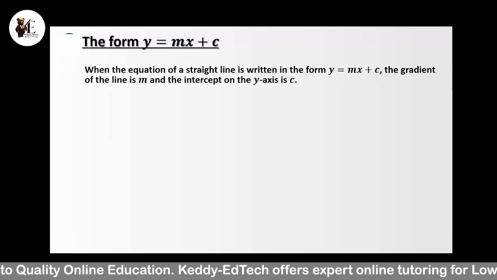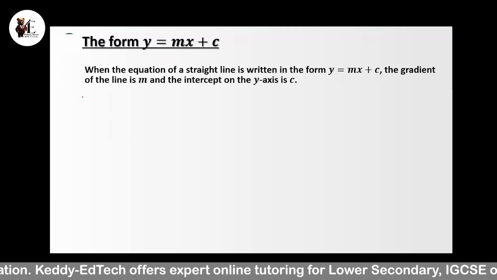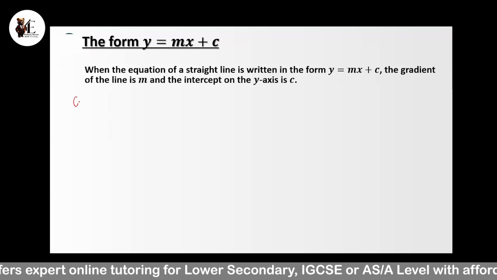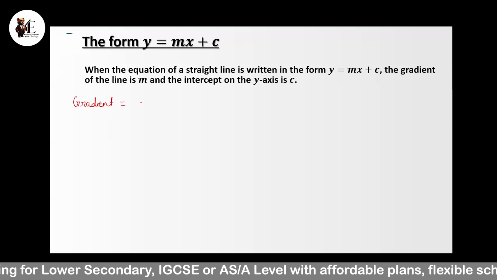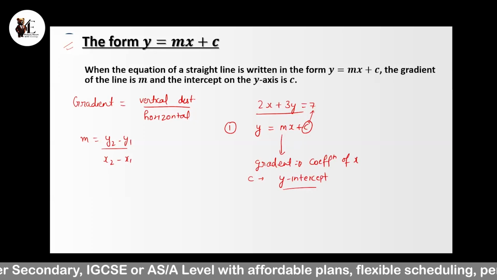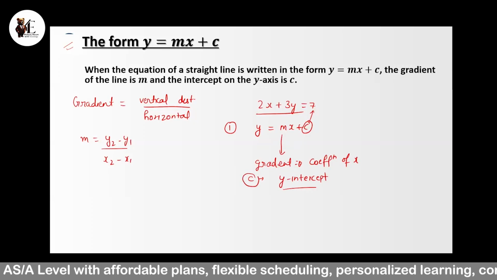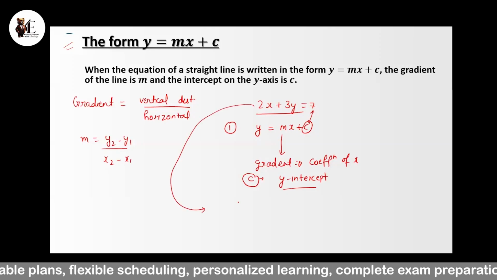So we have covered two formulas till now for the gradient. First is when the vertical distance and the horizontal distance is given, then we have to calculate the gradient. The second is the graph of the equation, which will intersect the y-axis at a particular point. For example, if this is the equation, I will make y the subject.